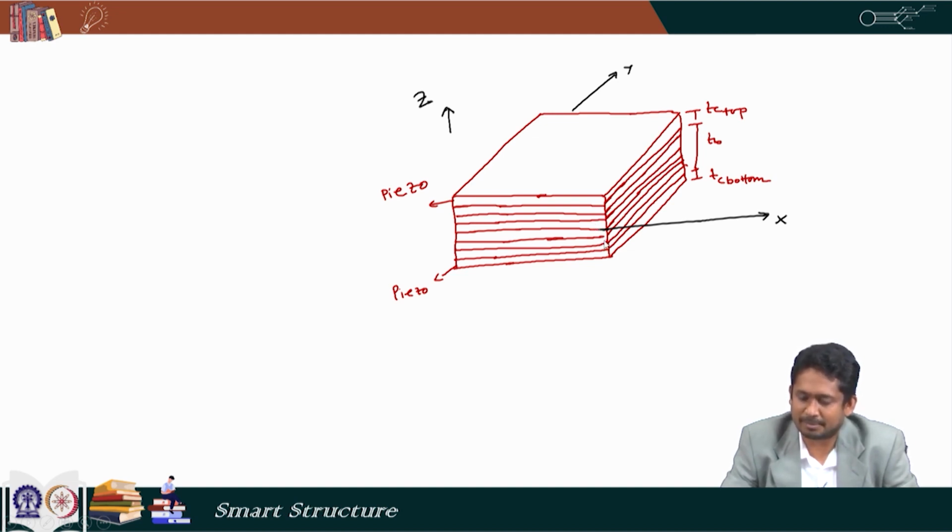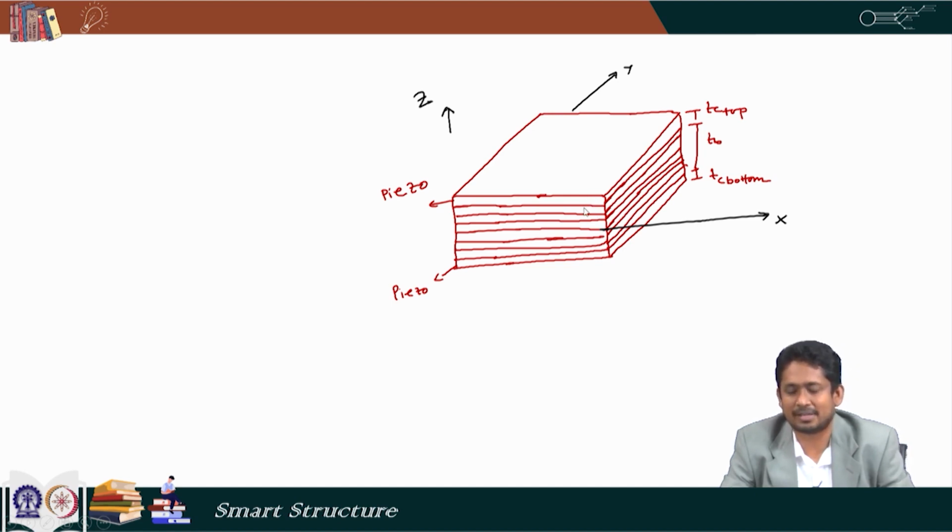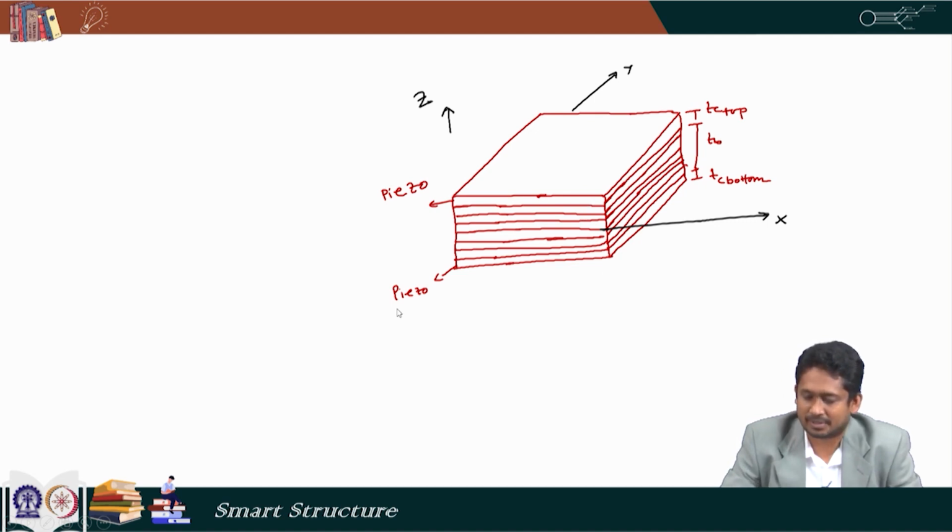In this example, there are 6 layers of composites, 1, 2, 3, 4, 5, 6, and at the two sides of it there are 2 piezoelectric patches. So, there are a total of 8 layers. Among those 8 layers, 6 are composite plies, and at the two opposite surfaces there are piezoelectric patches.